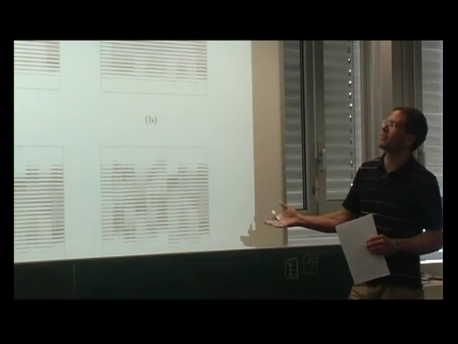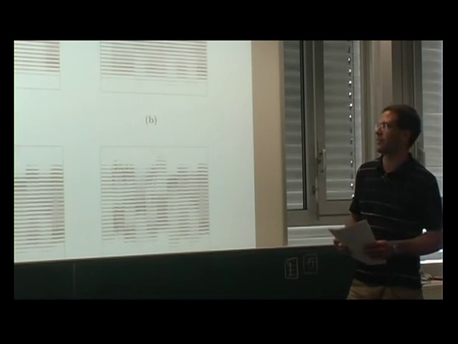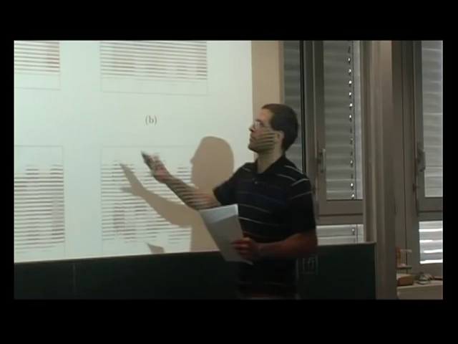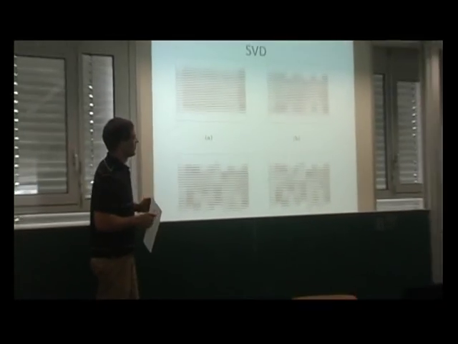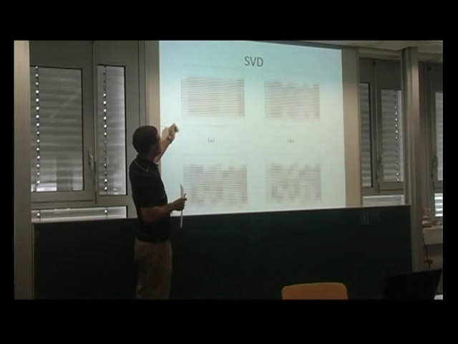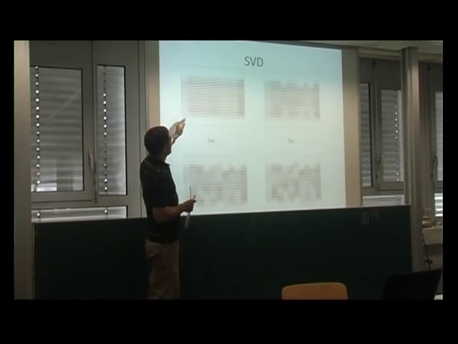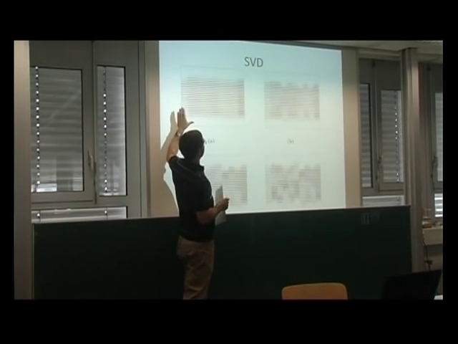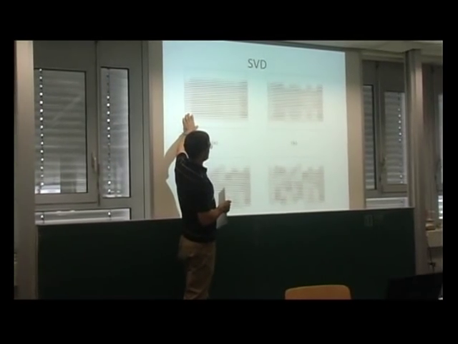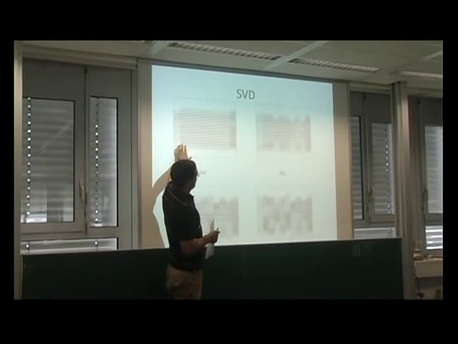This matrix is now approximated in terms of the singular value decomposition. In the top left corner is the approximation with just a rank 1 matrix. So we've used a single left singular vector and a single right singular vector, and multiplying these two will give you this matrix, the rank 1 approximation.